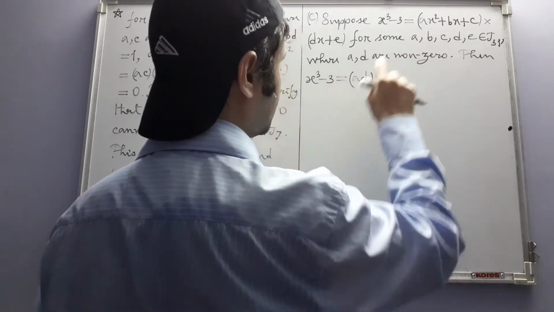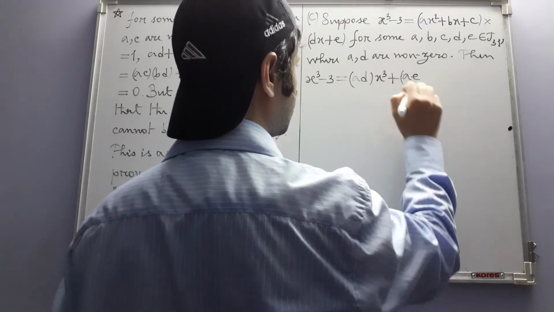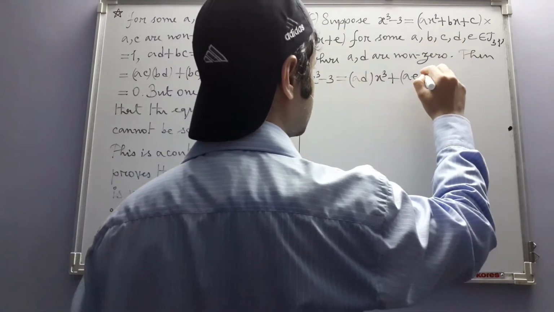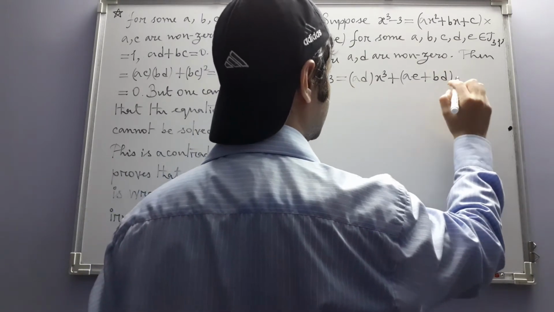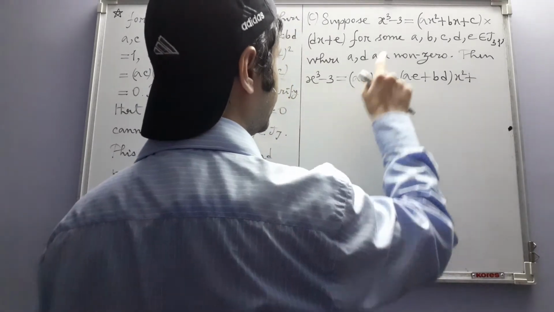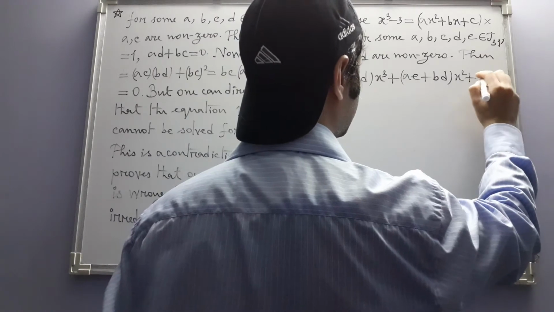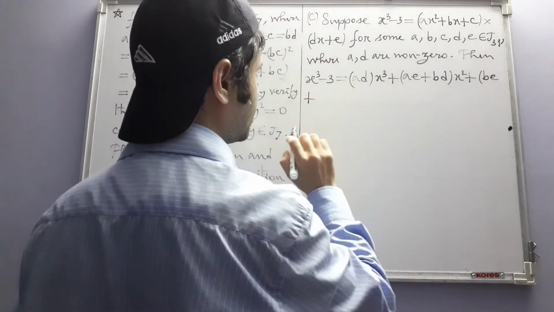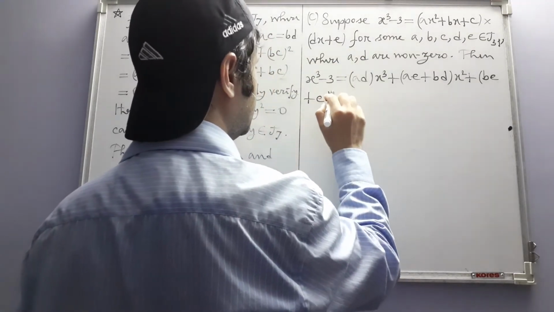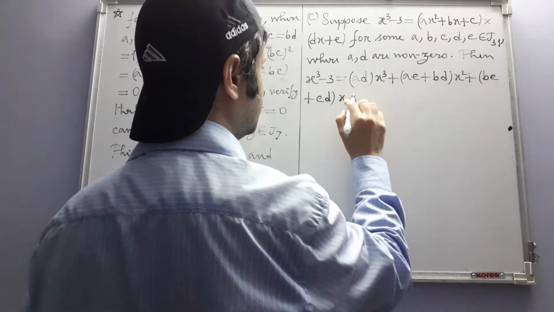For x square we can multiply ax square with e, that gives us ae, and we can multiply bx with dx, so bd x square. Plus, for x we will multiply bx with e, that gives us be, plus c with dx, that means cd, and the constant term is ce.